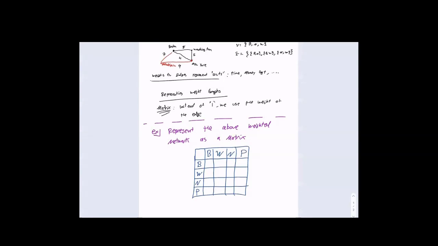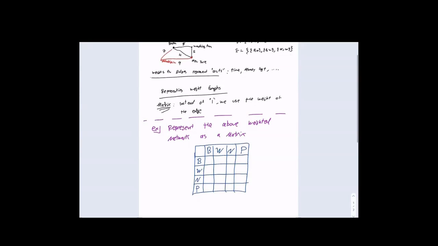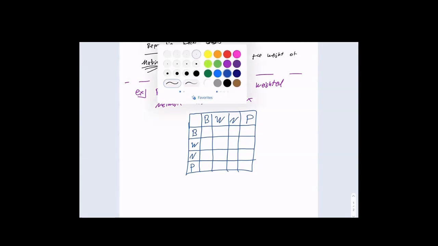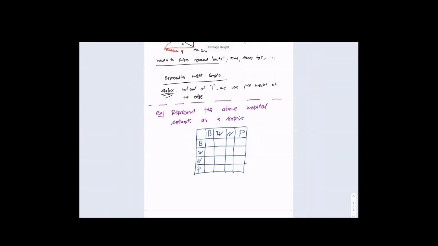So we labeled the vertices, and we could just use their first letter in this case. In your homework, I do not have them as actual names. They're 0, 1, 2, 3, 4, or they are A, B, C, D, E. We could also say Boston is 1, Washington is 2, like a key. Now, what do I do next?